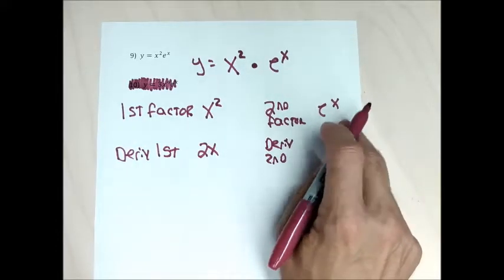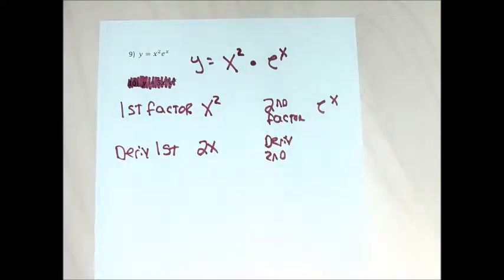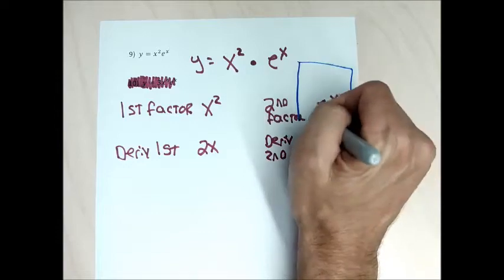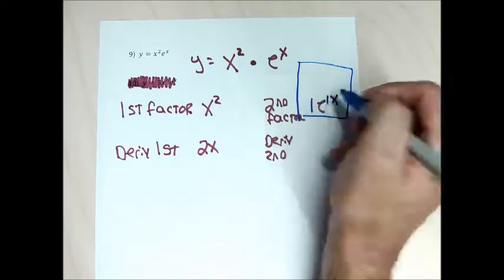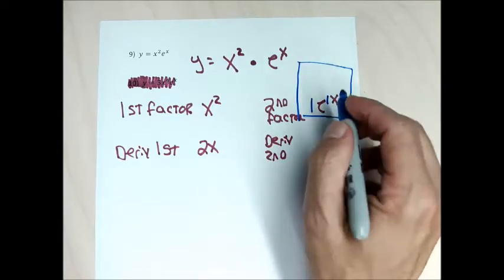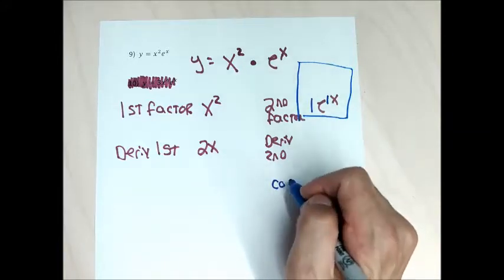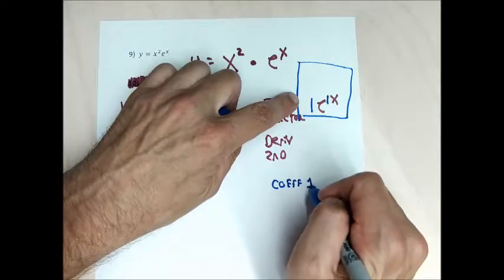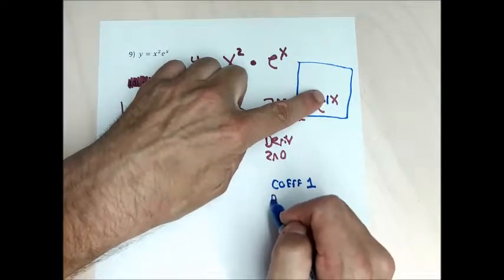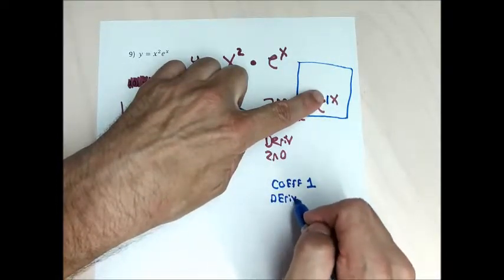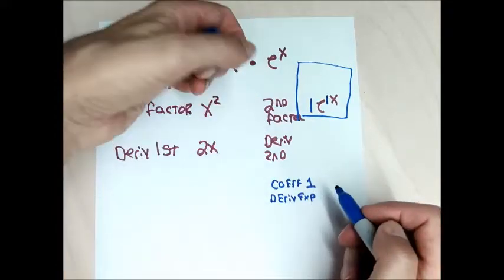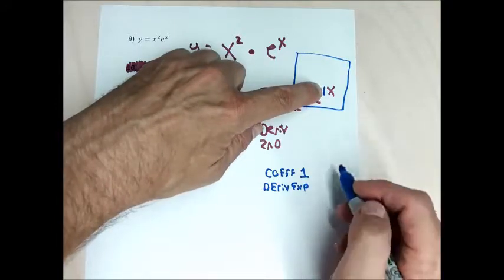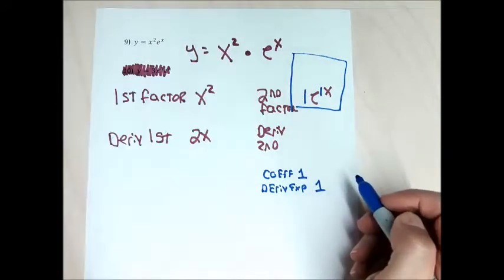And to do the derivative of this e to the x piece right here, if I'm looking at this piece and trying to find its derivative, this is really 1e to the 1x. So to do its derivative, I have to know the coefficient. And the coefficient here is the implied number in front, which is 1. I need to know the derivative of the exponent. The exponent is 1x. It's a first power term, and the derivative of any first power term is just the number in front of the x, which is going to be 1.